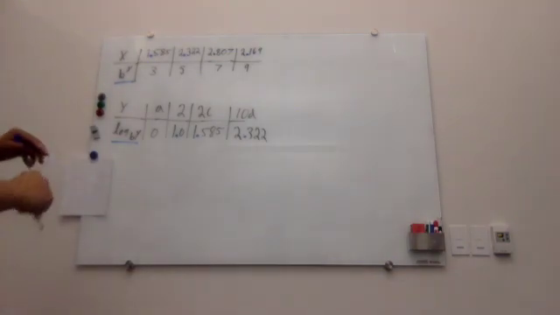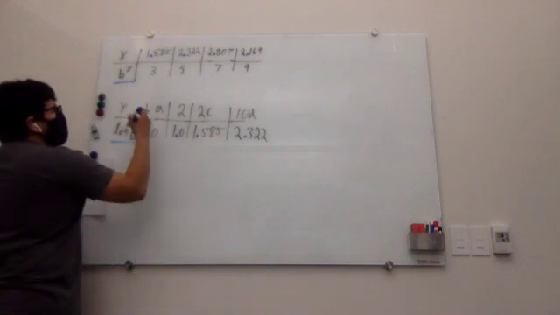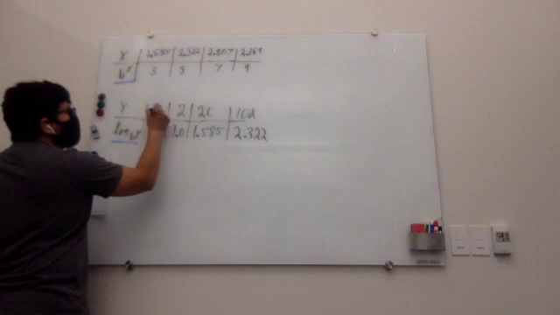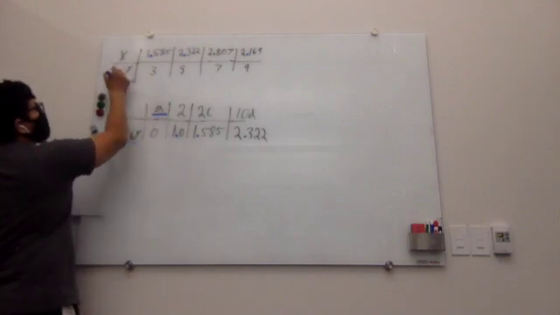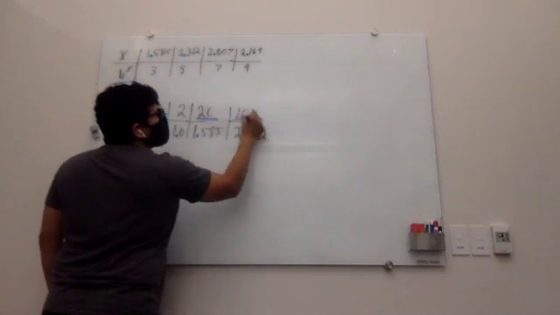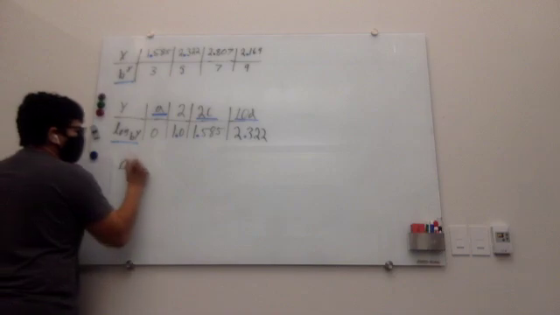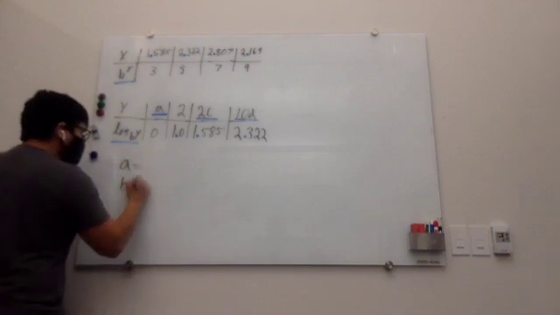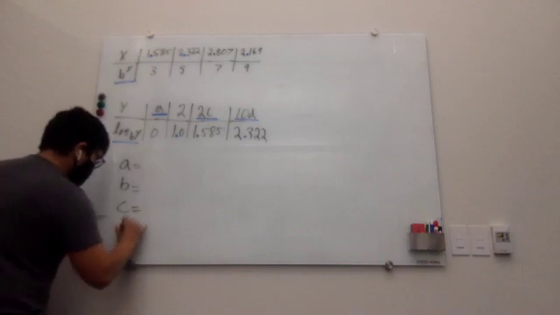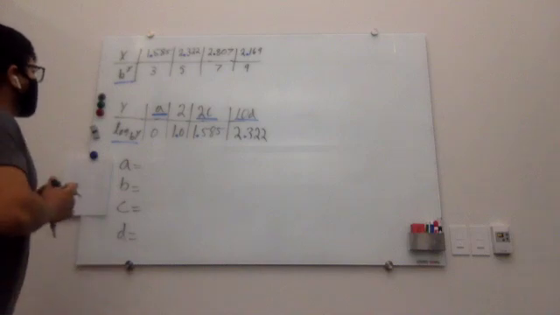The idea is we are going to try to find what A equals, what B equals, what C equals, and what D equals. So let's put those over here, and those will be kind of our check marks as we go. B is equal to, C is equal to, and finally D is equal to. Okay, well, let's see what we can do.